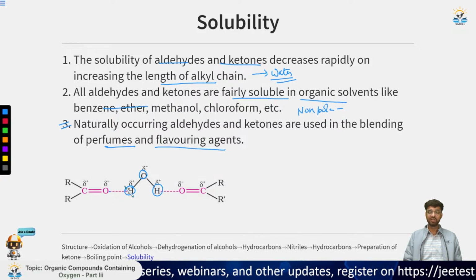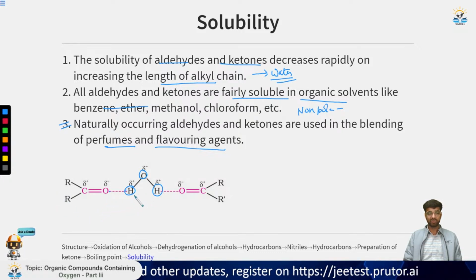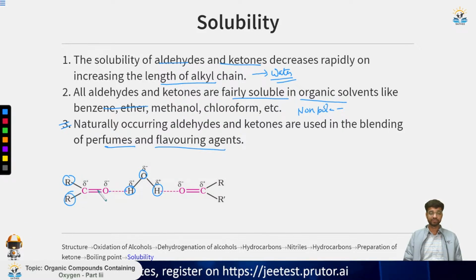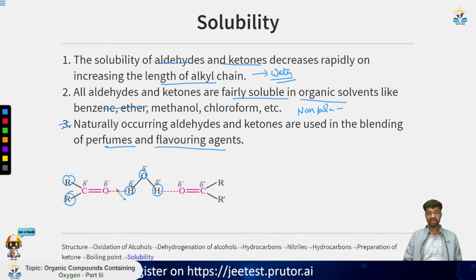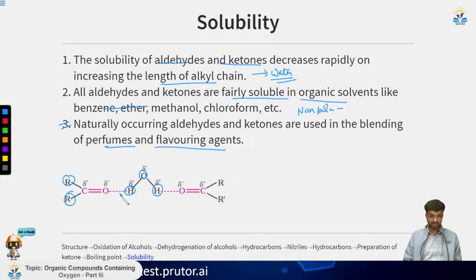The oxygen has a less negative charge on it as compared to the carbonyl, which has a higher negative charge on it. Now as the length of the alkyl chain increases, the polarity decreases, and we see that we have a smaller solubility.